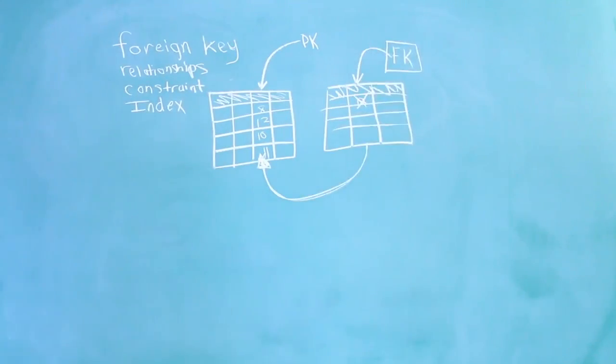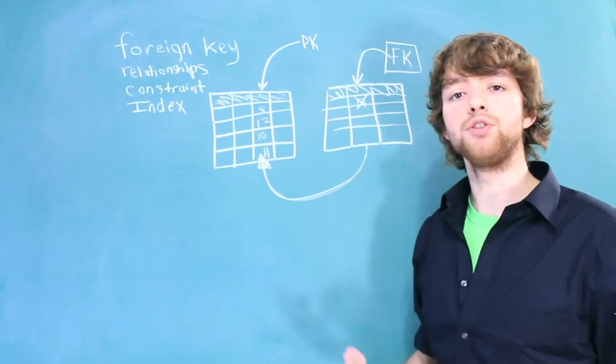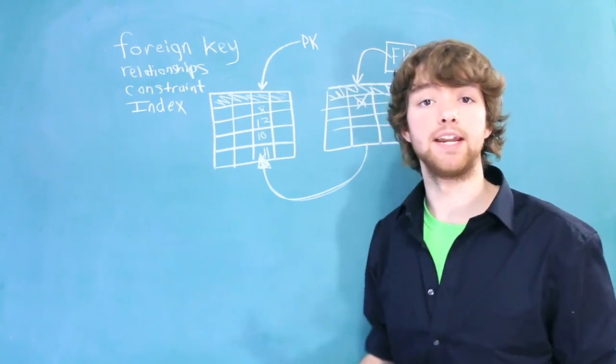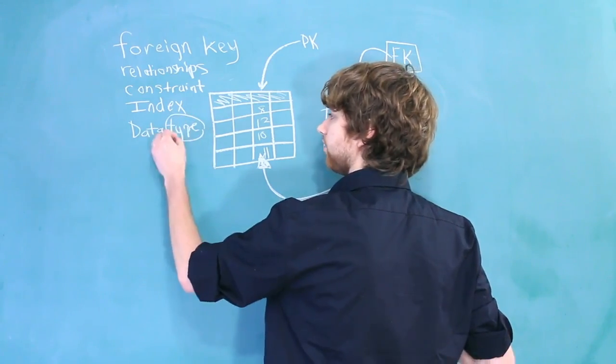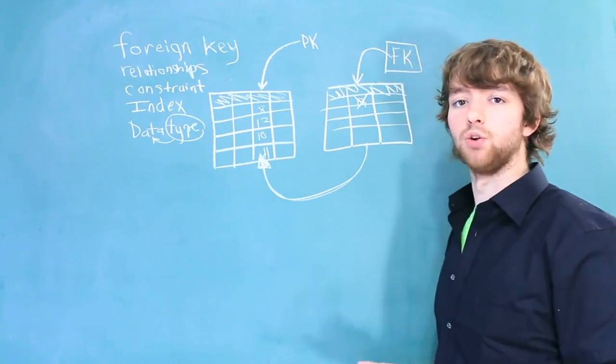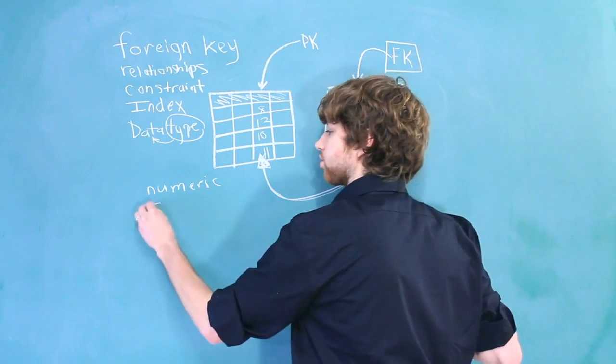Another thing regarding foreign keys is that when you're referencing another column, both of the columns have to have the same data type. Put simply, a data type is just the type of data. There are a couple different categories. We have numeric data. That would be a number. We have string data.